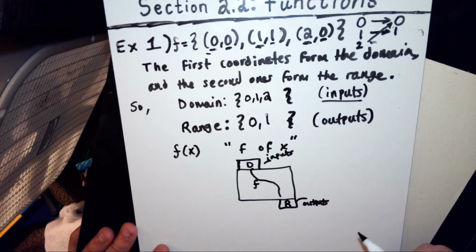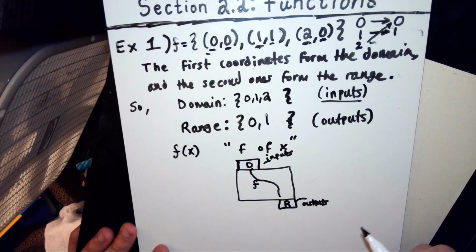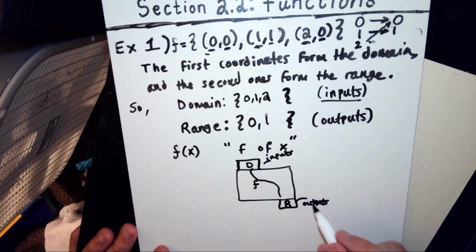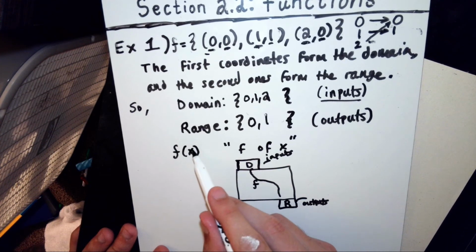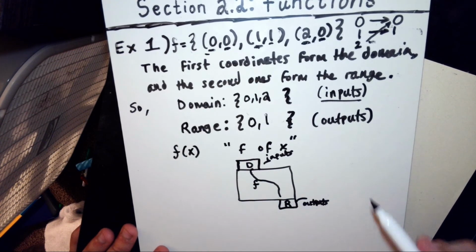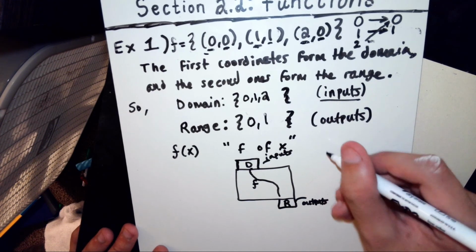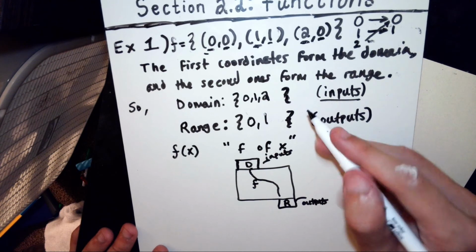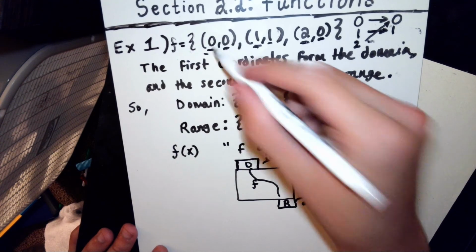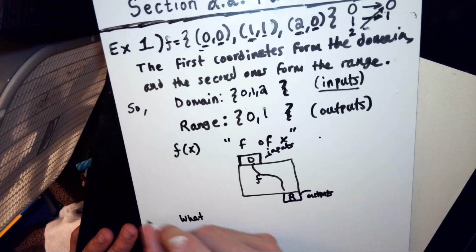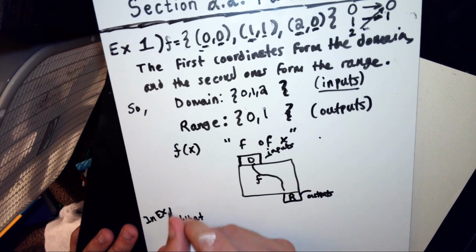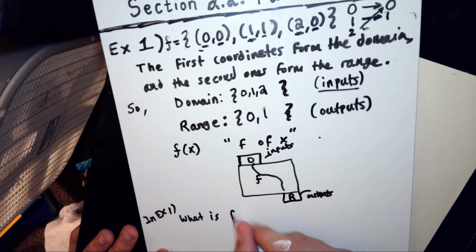So f of x basically means: what do you get when you plug an x into your function, or where does x take you? It's a little bit more general, but let's say I wanted to find out what f of 0 was in example 1.